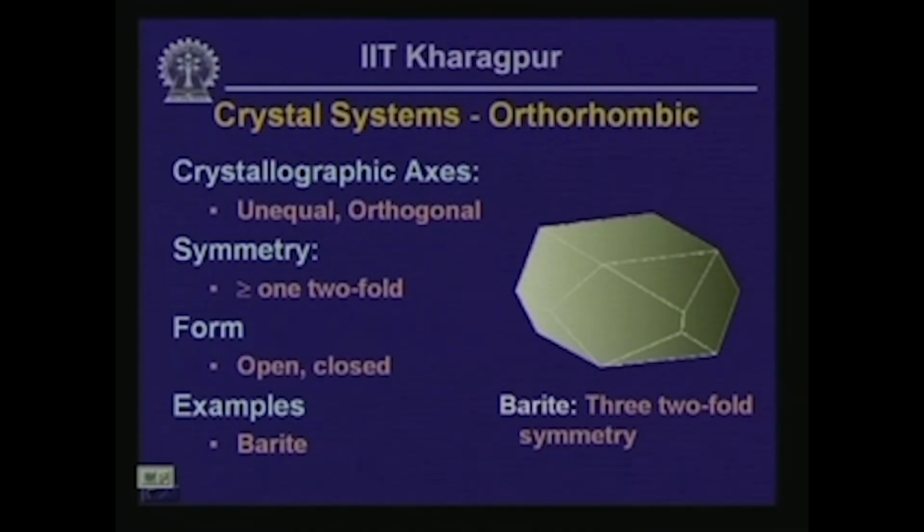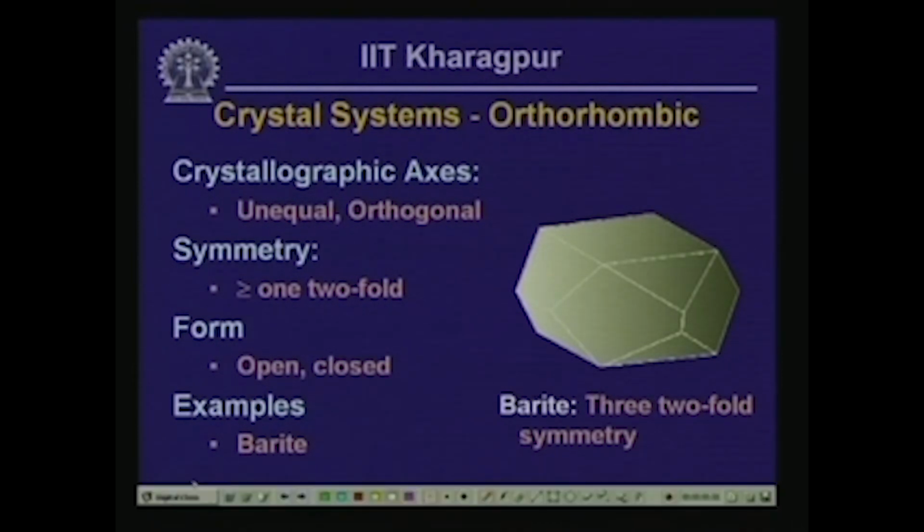Also you can easily see the length of the crystallographic axes in the 3 directions, in this direction, in this direction, and in this direction.